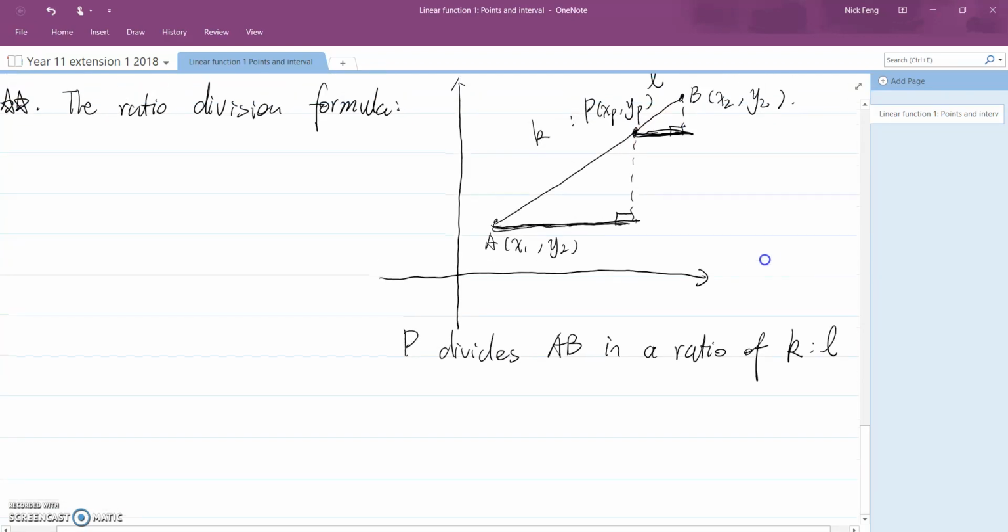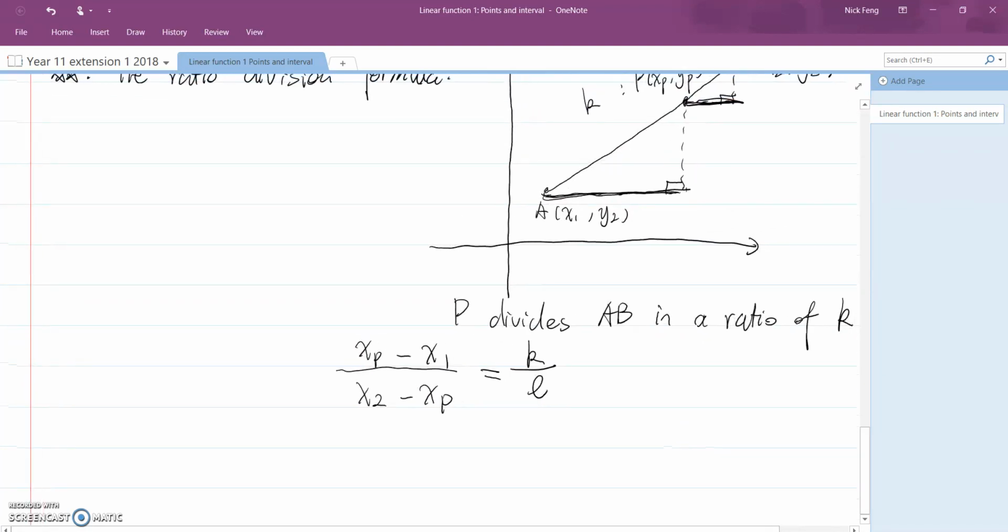We do the same thing as before. So the first horizontal distance here from A to point P is xp minus x1. And the second distance is x2 minus xp. And then we have this ratio K over L. And what we need to do now, we just cross multiply and try to make xp the subject. So we would have l xp minus l x1 equals to, oops, should be bigger, k x2 minus k xp.